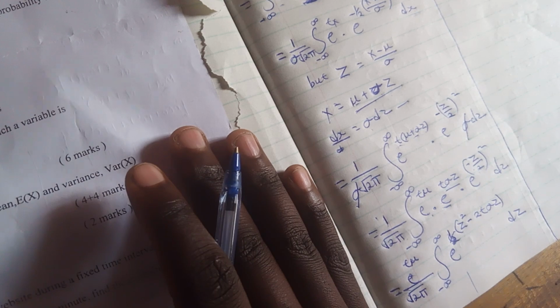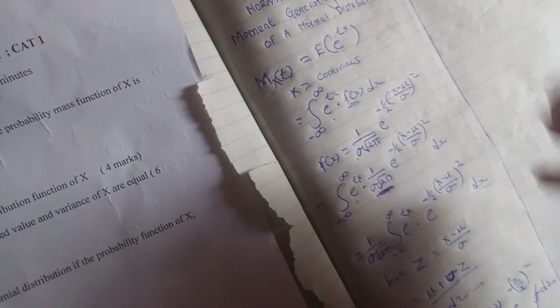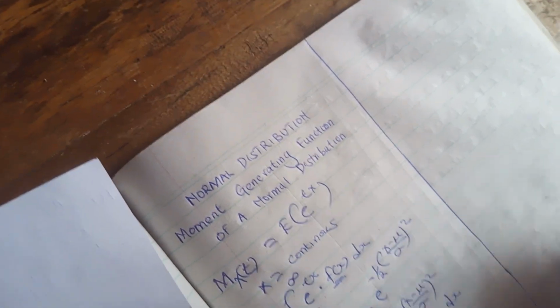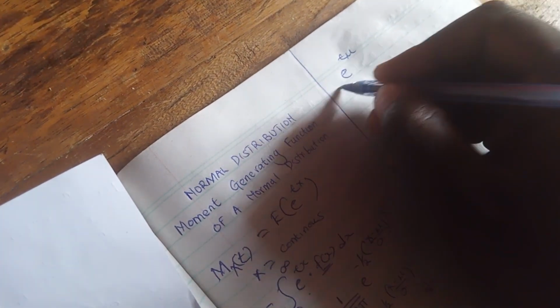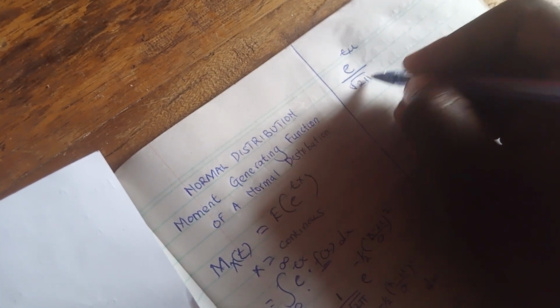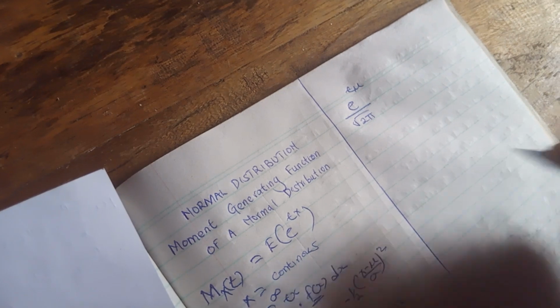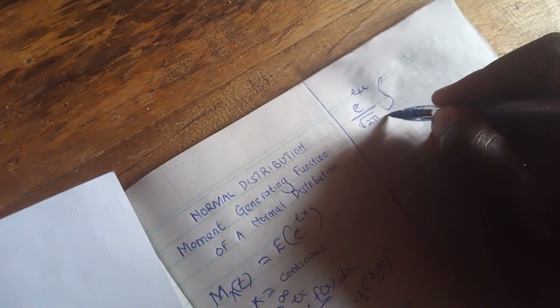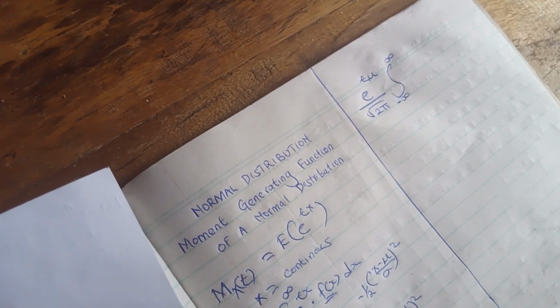Then from there we will have the exponential t mu over the root of 2 pi, then the integral from negative infinity to positive infinity.